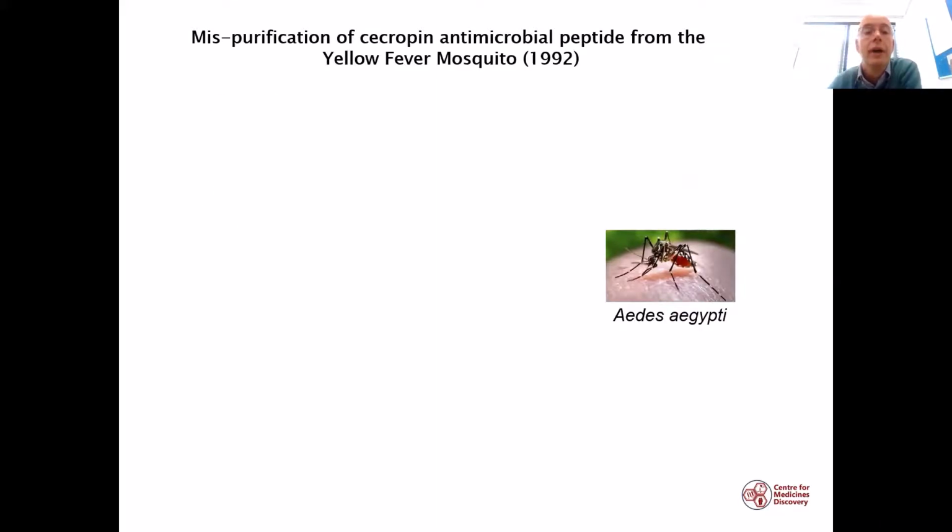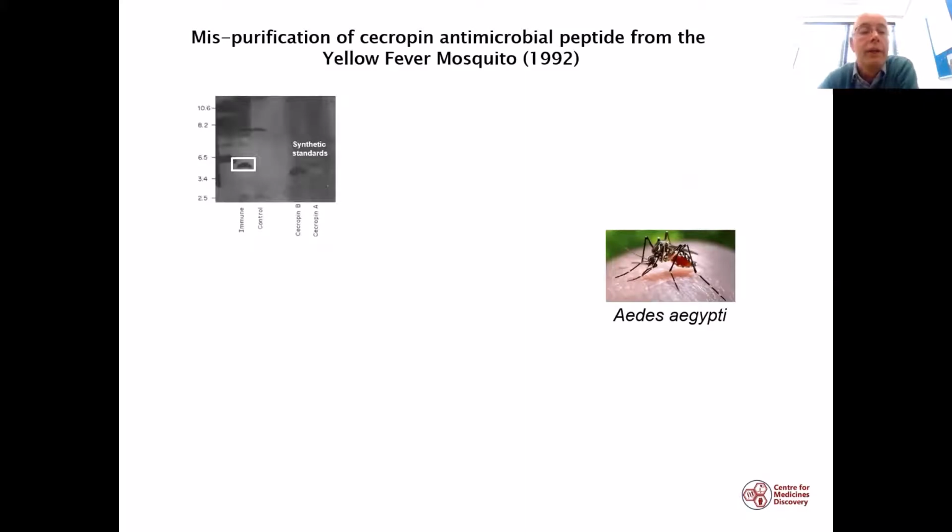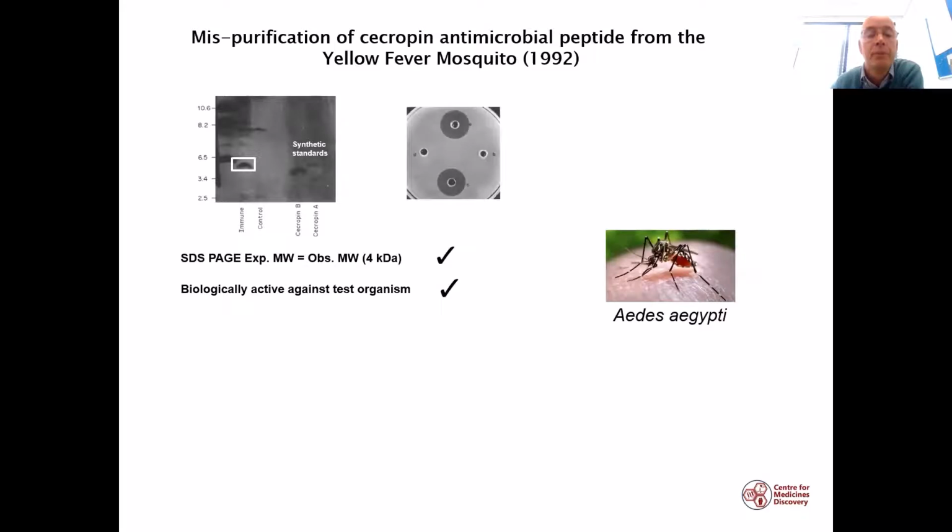I knew the molecular weight that it should be and ran it on a gel, and you can see from the gel I have in my immune group I have the correct molecular weight compared to the standard from the gel. I'm looking for something that's about 4 kilodaltons.